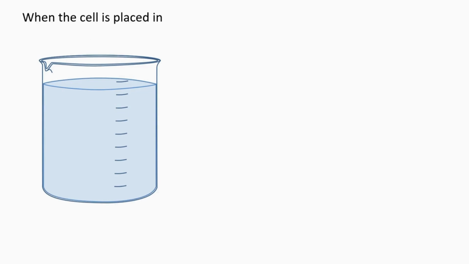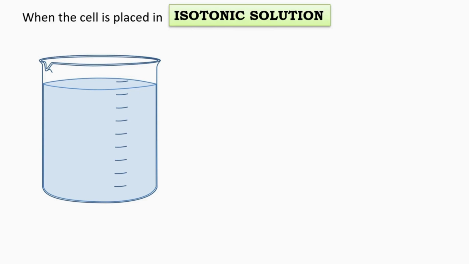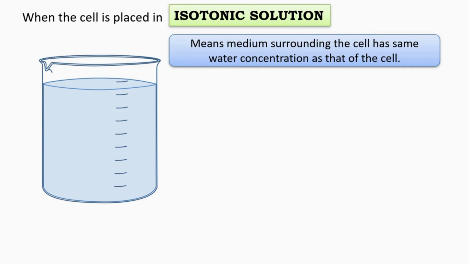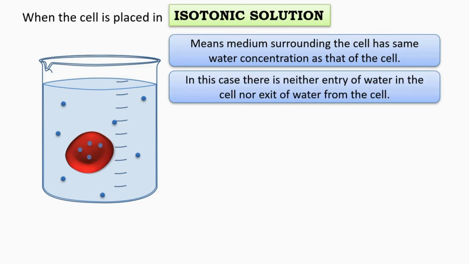When the cell is placed in isotonic solution, means medium surrounding the cell has same water concentration as that of the cell. In this case, there is neither entry of water in the cell nor exit of water from the cell.